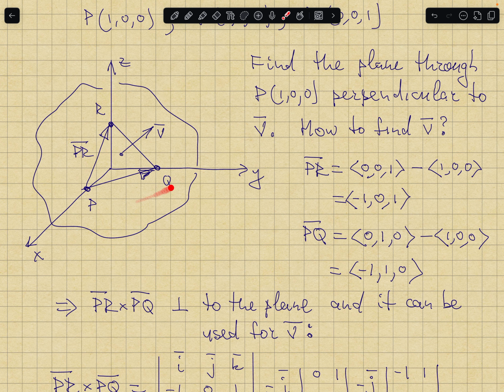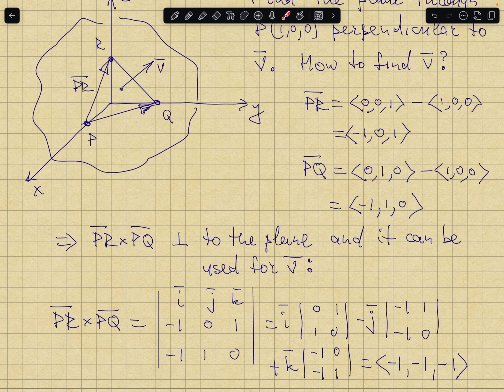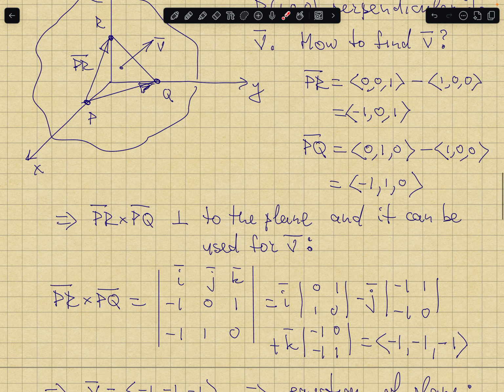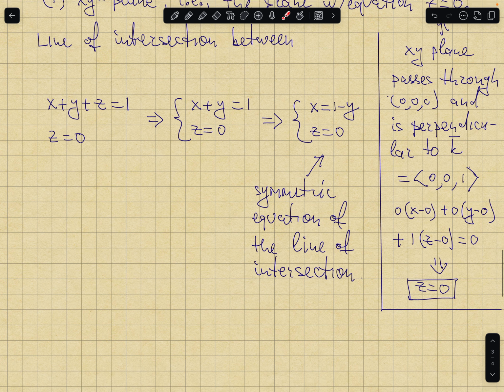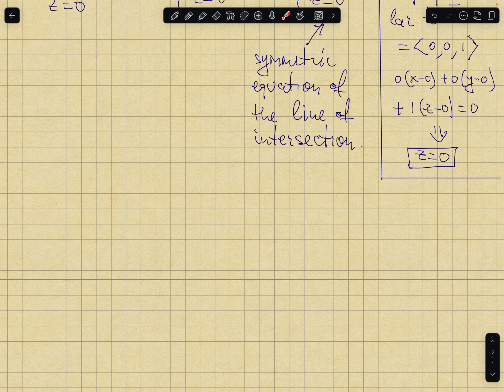Clearly, this equation of this line is x equal to 1 minus y, or y equal to 1 minus x. It's a line with a slope minus 1 with the intercepts 1 on both x and y axis. All right.